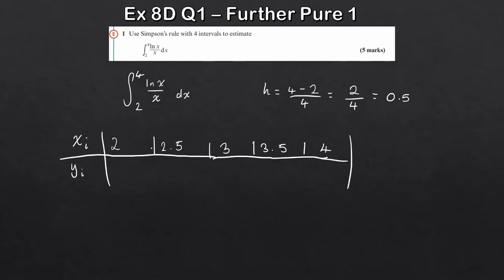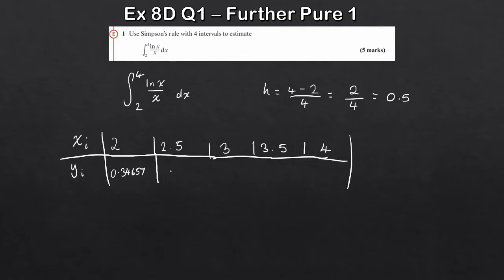So if you put 2 in here, so ln of 2 divided by 2, what will we get? I'm not going to actually do all this work in here. I've already done it on a piece of paper. So here you'll get 0.34657, and so on. These will go on a bit longer, but just take it to a reasonable sense of accuracy.